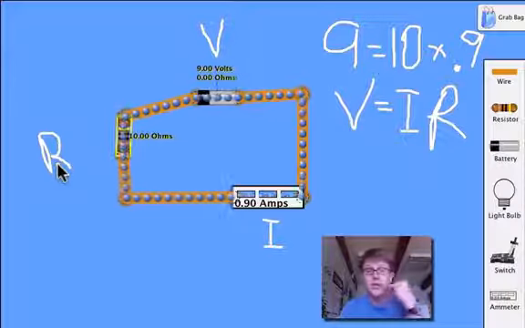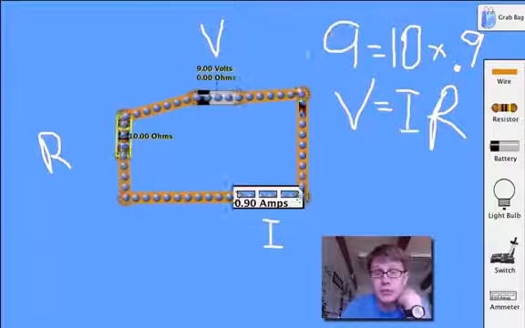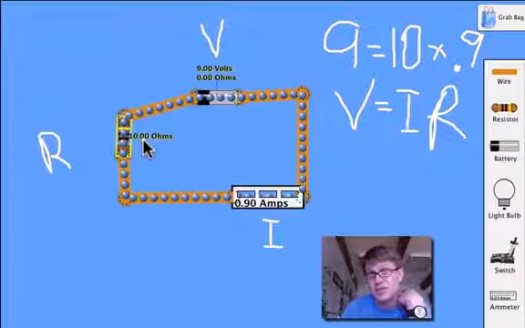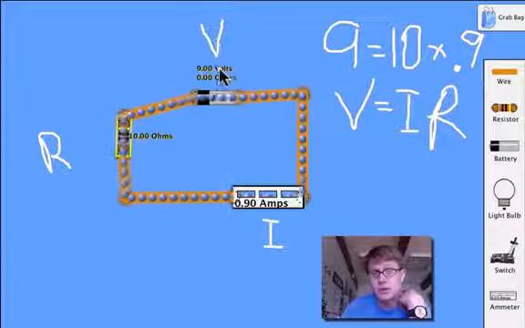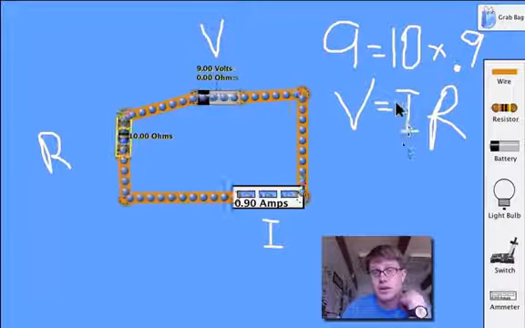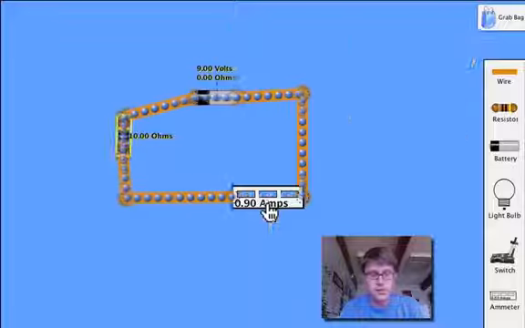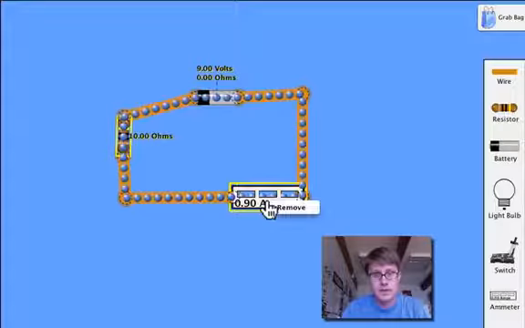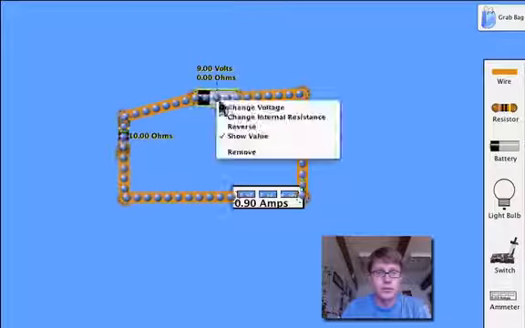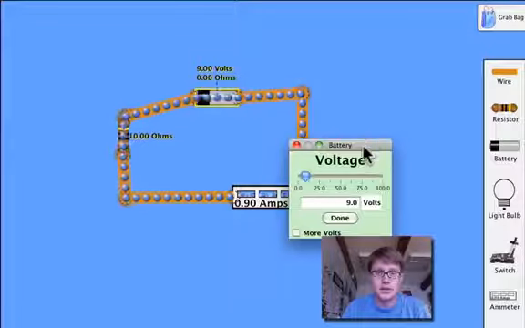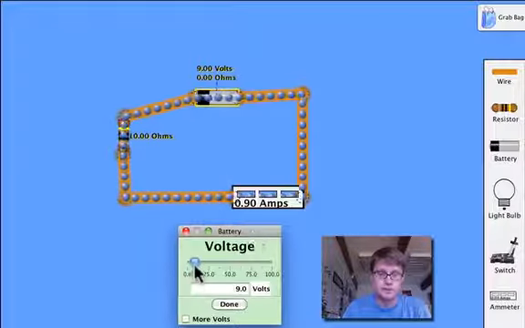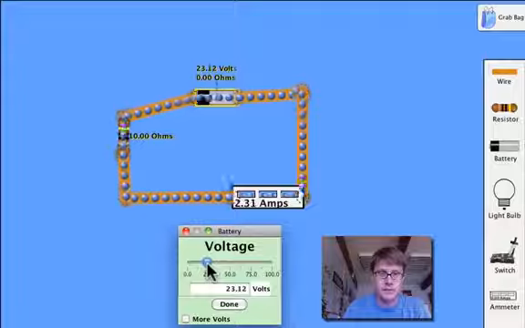And so what should happen if we increase the voltage? Well, if we increase the voltage and the resistance is set, so it's not going to change, what should happen to the current? Well, let's try it. Let's change the voltage to a higher value.